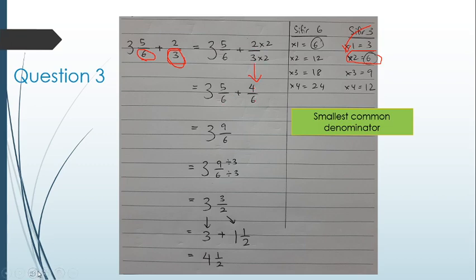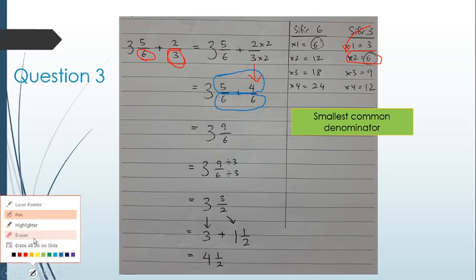So what happened to the denominator here? It is the same. The denominator becomes 6, so the same. Do not worry about it, just leave it there. So you should add the numerator here, which is 5 plus 4. 5 plus 4 is 9, so you will have 3 9 over 6.